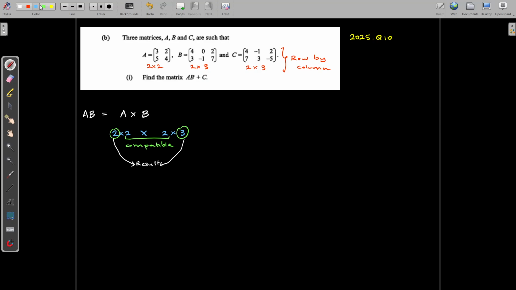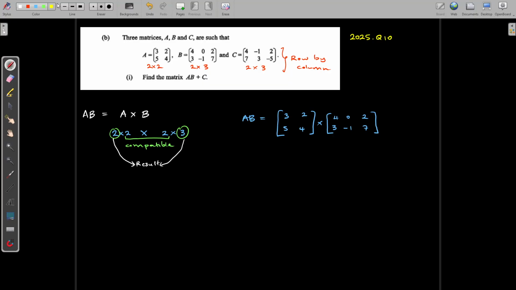So let's see how we can actually multiply these two things. AB is equal to 3, 2, 5, 4 times B. Alright, so just as how we get the order of a matrix row by column, that's exactly how we multiply, row by column.